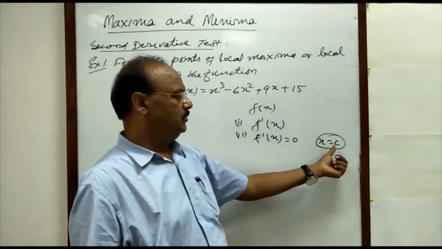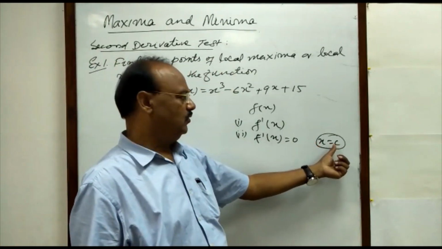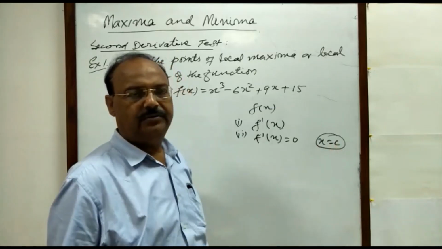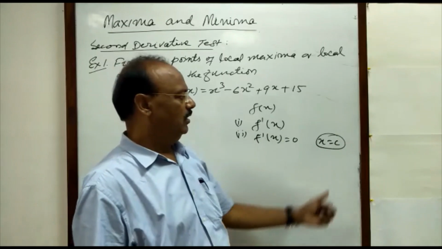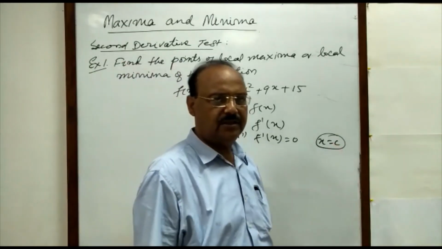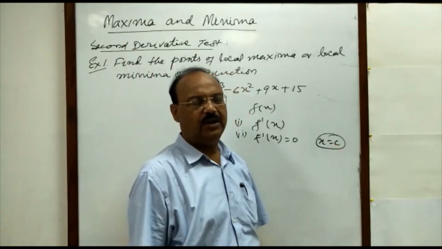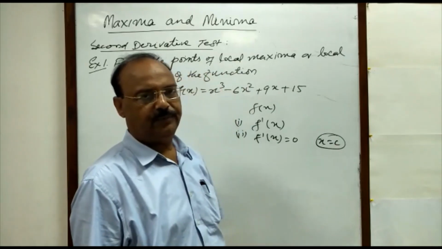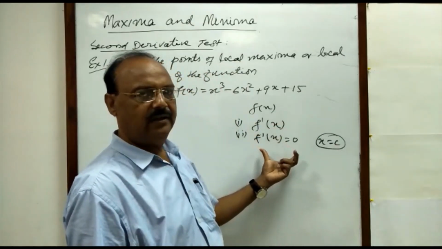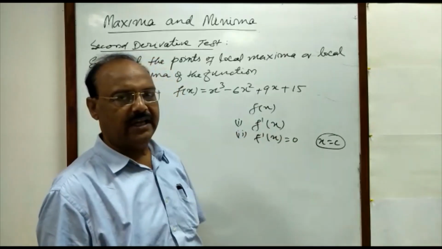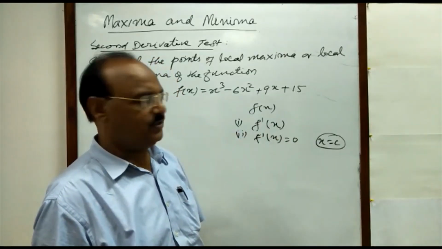This value c will give the point of maxima or minima. In fact, c is the candidate for maxima or minima of the given function. So up to this step, the similar pattern is there in first derivative test as well as second derivative test.